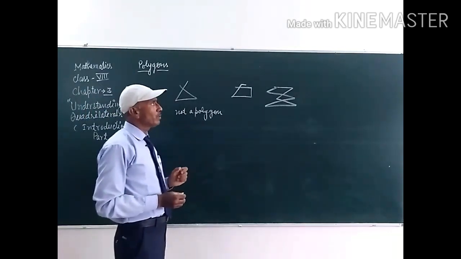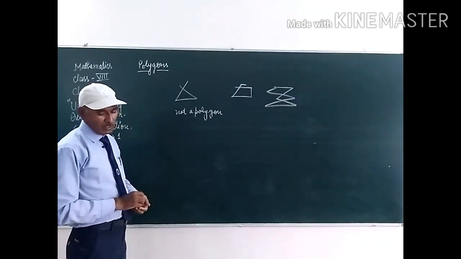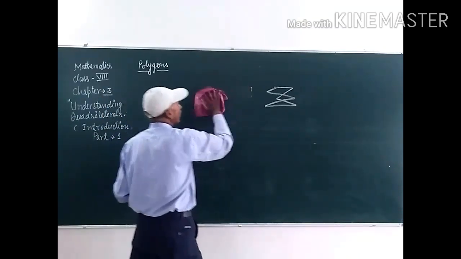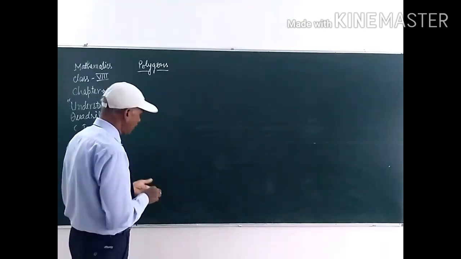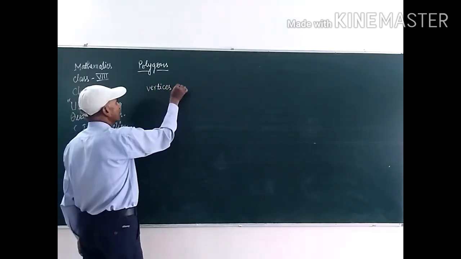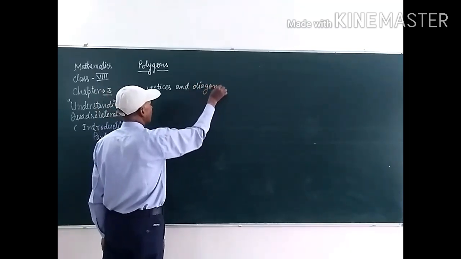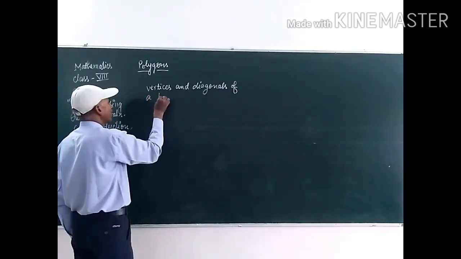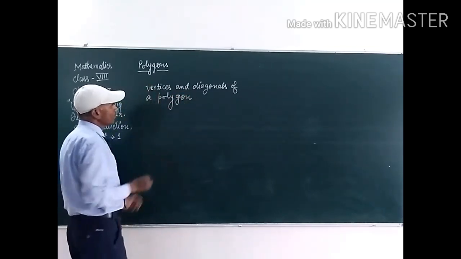Now we will discuss vertices and diagonals of a polygon. This is an important point, student.